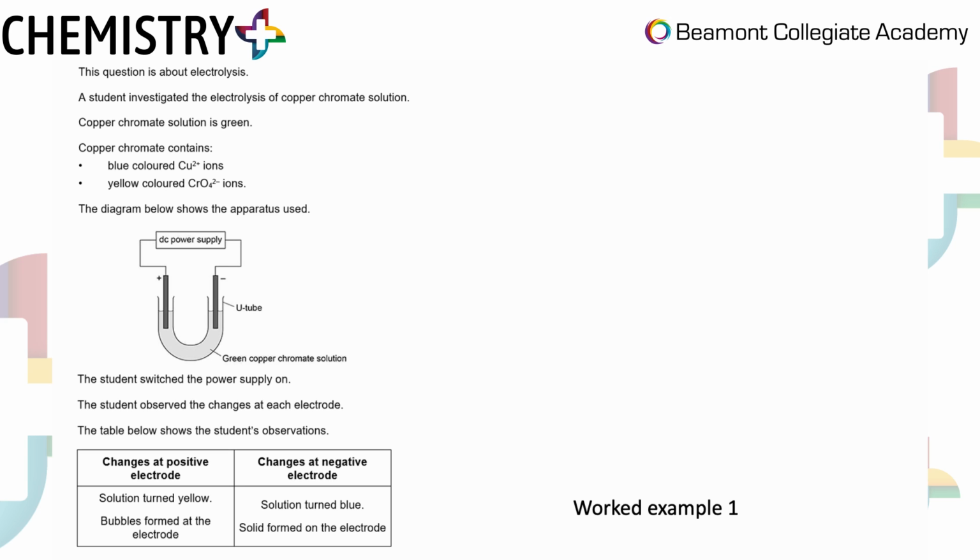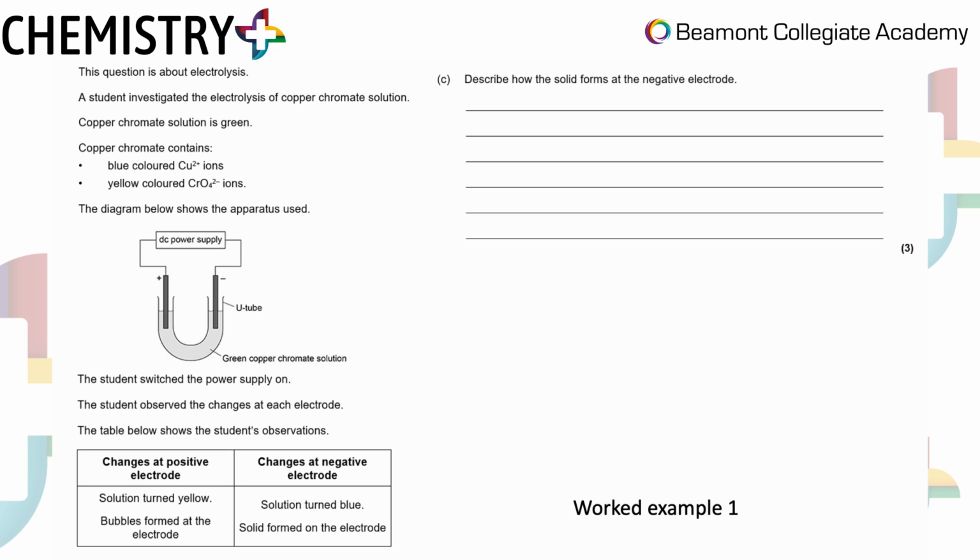Worked example 1, part C. Describe how the solid forms at the negative electrode. So we know that positives are attracted to negatives, so the positive charge will be attracted to the negative electrode.